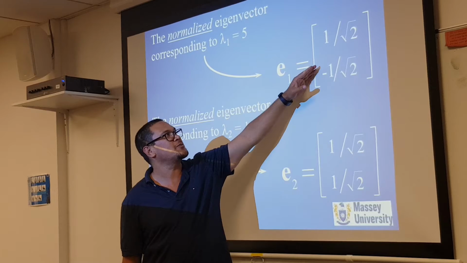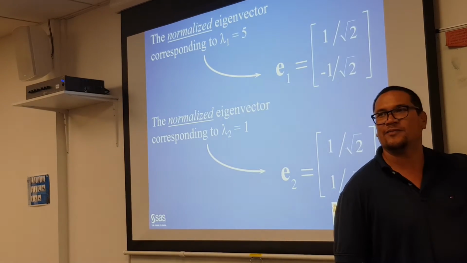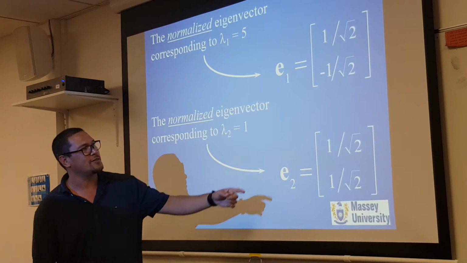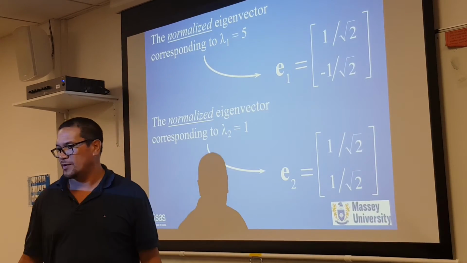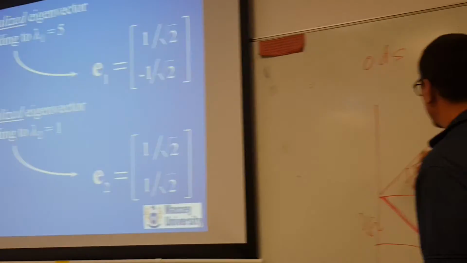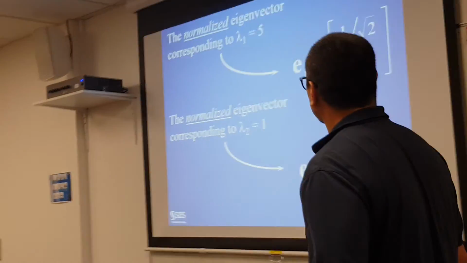If this one is facing in this direction, we know the other one is going to be in this direction, because it has to be orthogonal to it, at right angles to it. So that's 1 over root 2, 1 over root 2. That would be in this direction, which is at 90 degrees. It's a new basis.